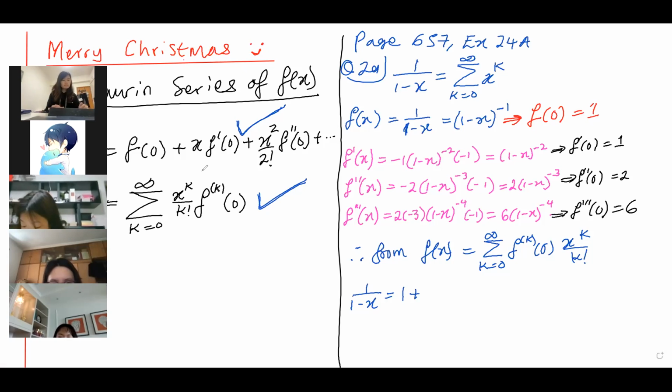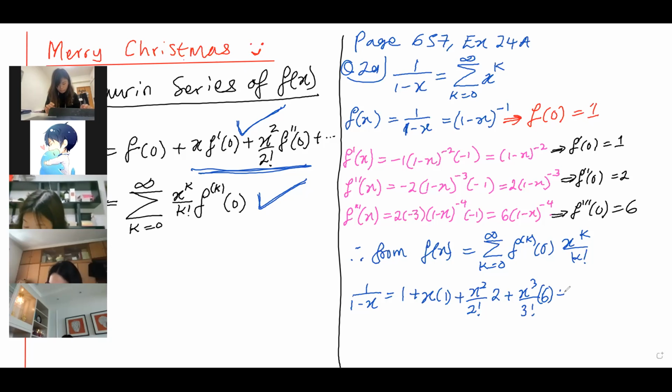So if I'm using this now to do my substitution, x, the first derivative at 0 is 1, and x squared over 2 factorial, 1 also. No, that's 2. Then I have the third derivative over 3 factorial times 6, and it goes on.